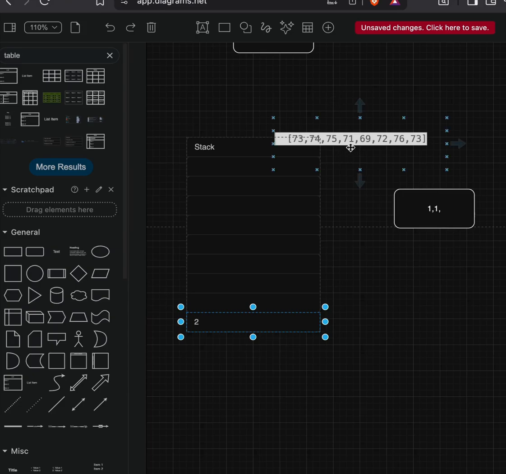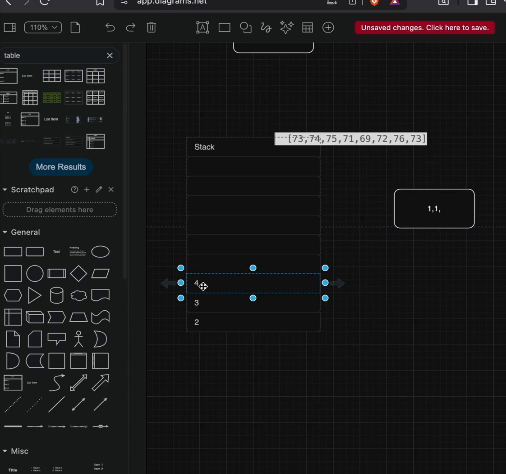Then 71 is not greater than 75, so it will also be in the stack. Then 69: is 69 greater than the top of the stack? No, 69 is also not greater than 71, so 69 will also go into the stack. Then 72: 72 is greater than 69, yes it is.